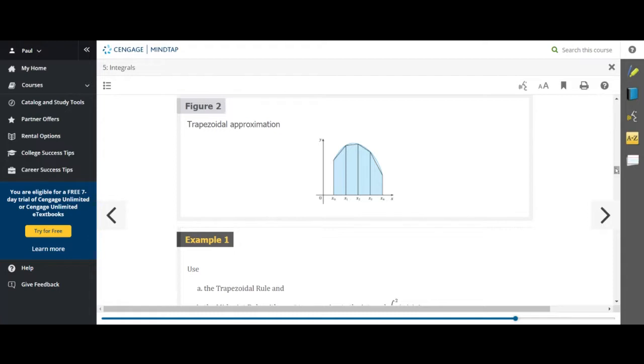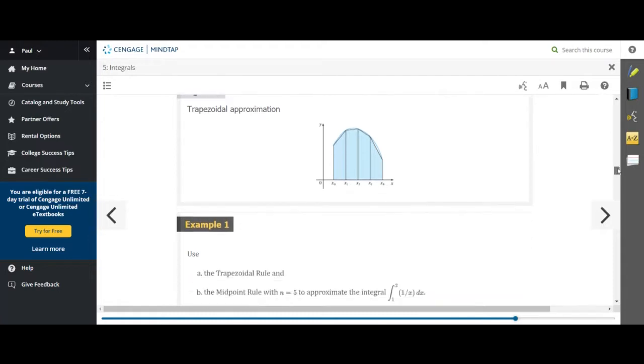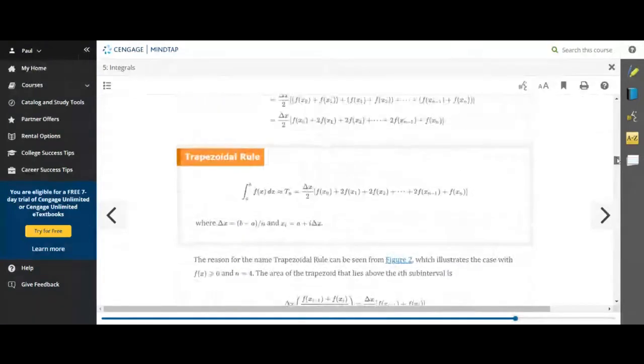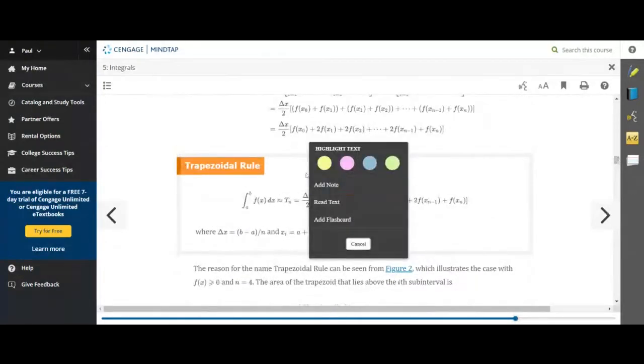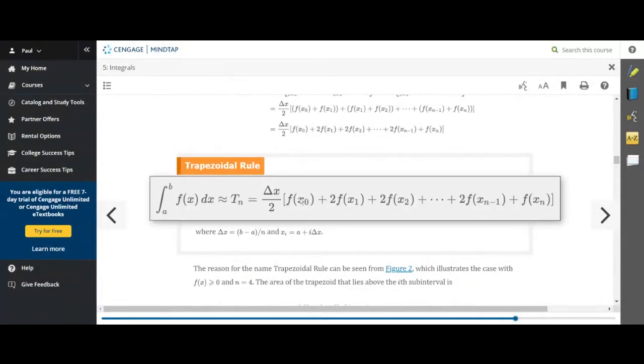Okay, so given this, we come up with some formulas, right? Like for the trapezoidal rule, this is the formula, okay, for the trapezoidal rule. So based on n subintervals, the integral can be approximated by the trapezoidal rule.